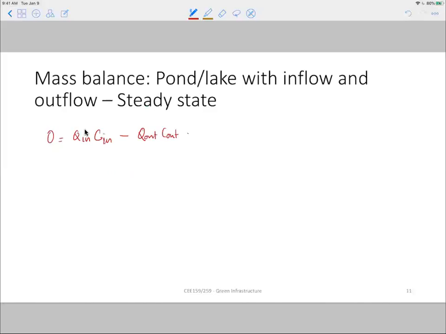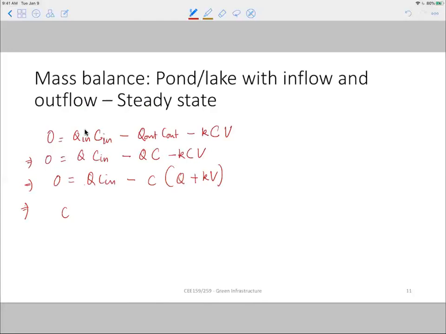Then the reaction term here will be K C V. That's the first order reaction. And we know that Q in equals Q out, so we can write Q C in, and then Q out is the same as Q, C out is C, minus K C V. Then it's very easy to solve for C. Q C in minus, if you take C common, K V is 0.